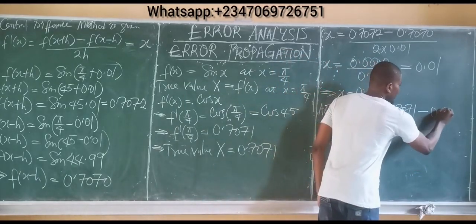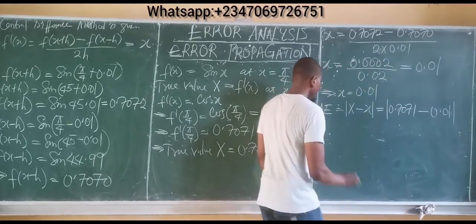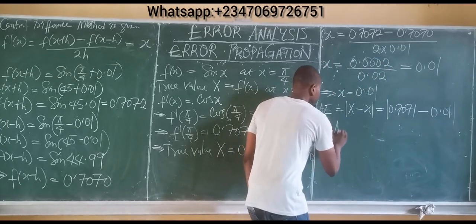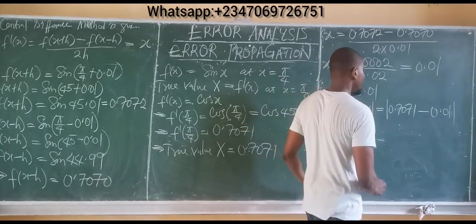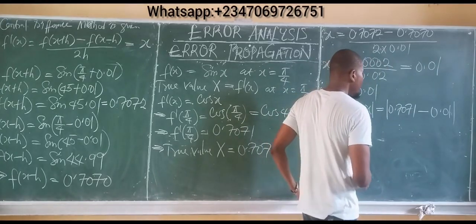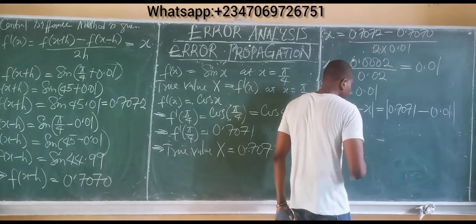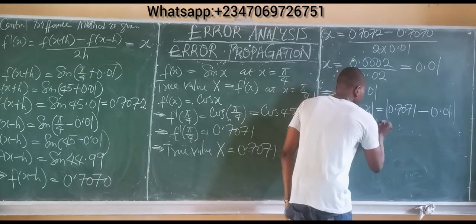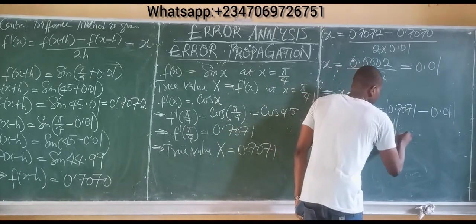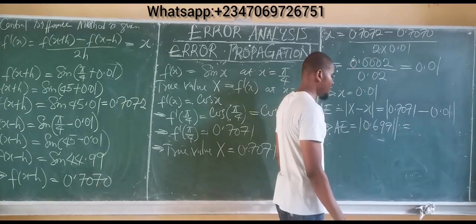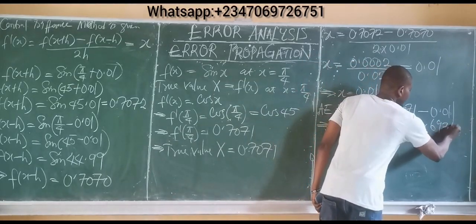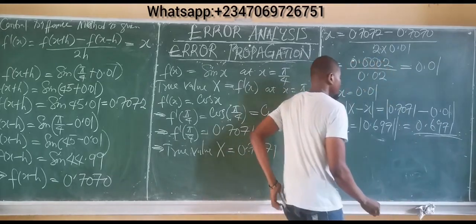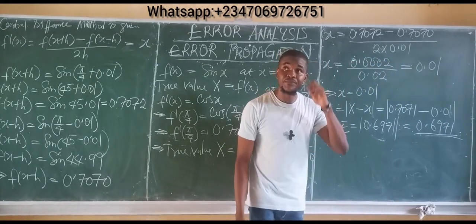So the absolute error is the modulus of 0.7071 minus 0.01, which gives us 0.6971, and of course the modulus of 0.6971 still remains 0.6971. So this becomes the value of our absolute error.